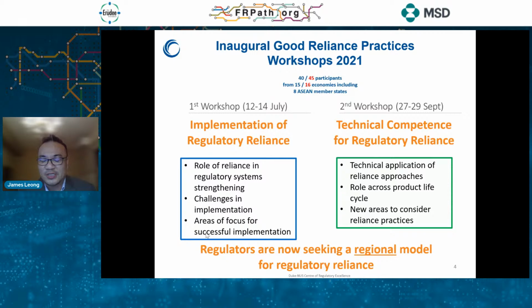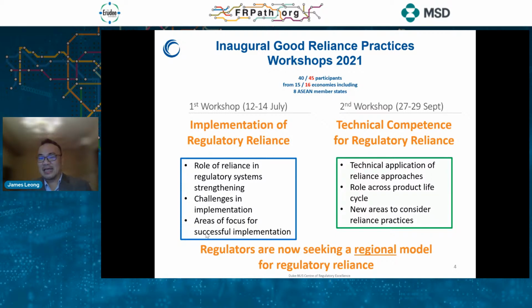And just to cut the whole story short, we had a survey. Very interestingly, the survey showed that the regulators know about the option of referencing, which means that they can reference a decision by another regulator to support their own decision. But they are now moving away from that, and they're now looking for a regional model.